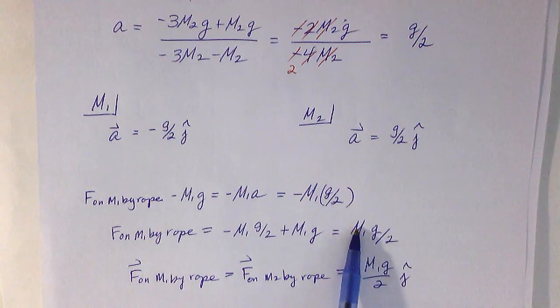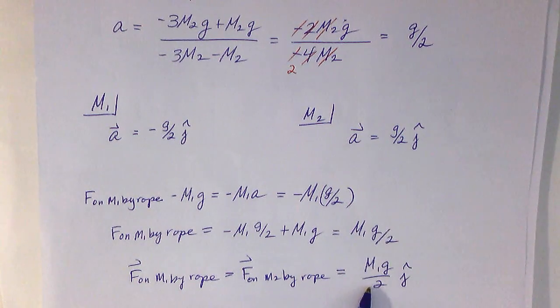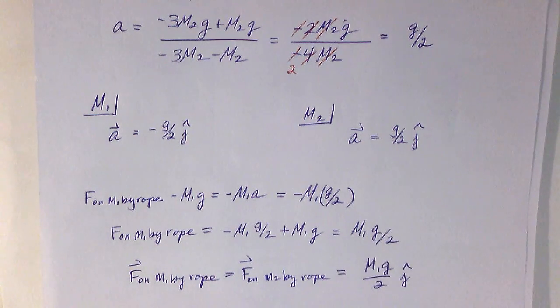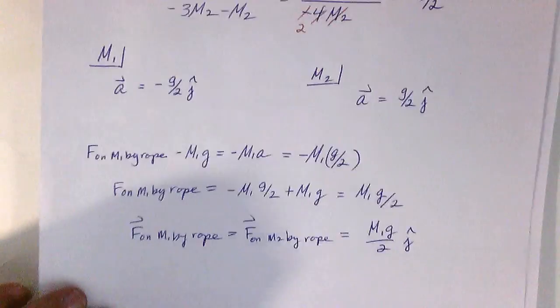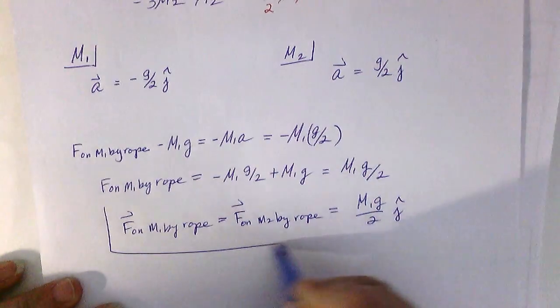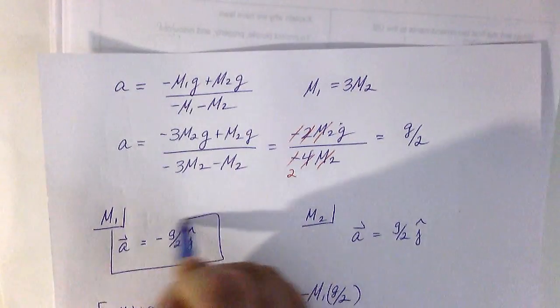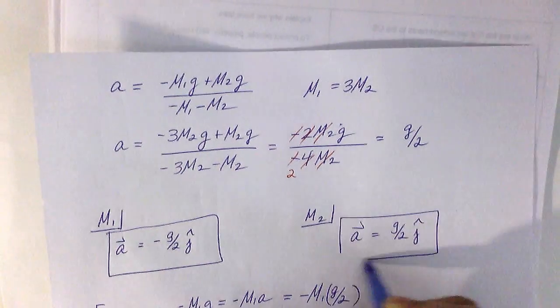But remember, when you multiply M1 by G, you can take the whole numerator and divide by 2. So writing it this way is the same as writing it this way. Okay, and there is your answer for the tension, and there are your answers for the accelerations.